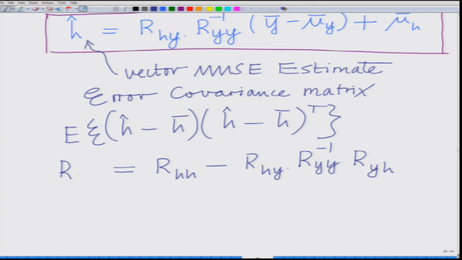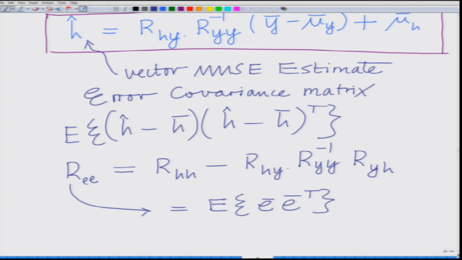So, this is your error covariance matrix. You can also call this R_EE, which is basically equal to the expected value of e bar times e bar transpose, where e bar is the estimation error.